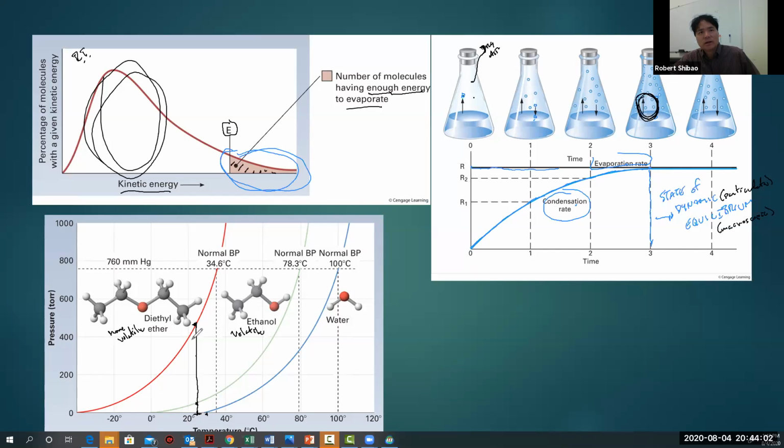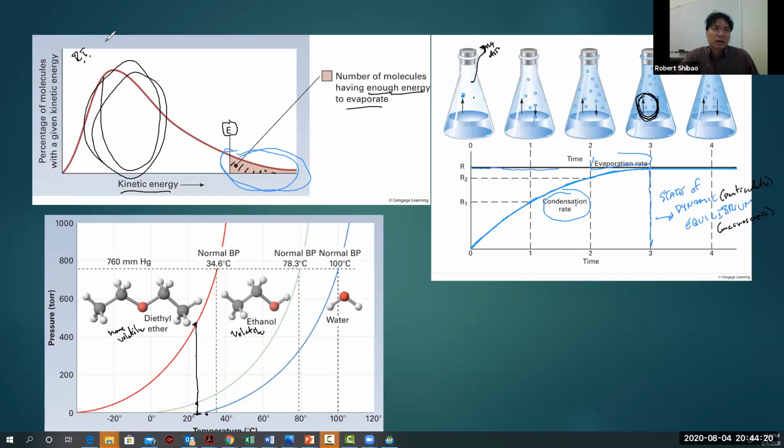That's at room temperature. What happens when we change the temperature? When we change the temperature, we're going to change the energy. When we increase the temperature, the whole thing shifts to higher energy. When we decrease the temperature, the whole thing shifts to lower energy. This is a distribution.